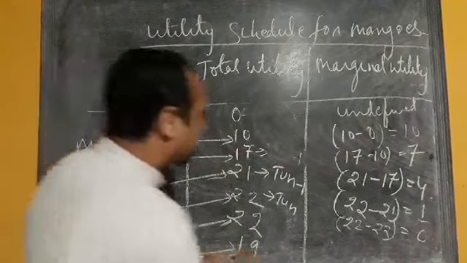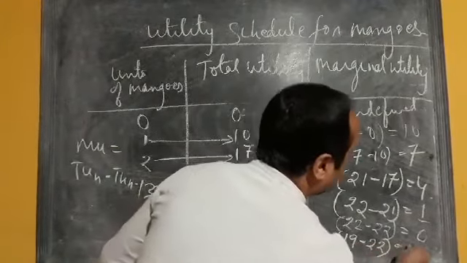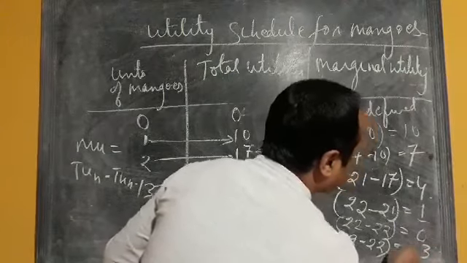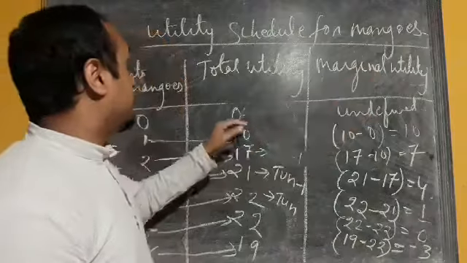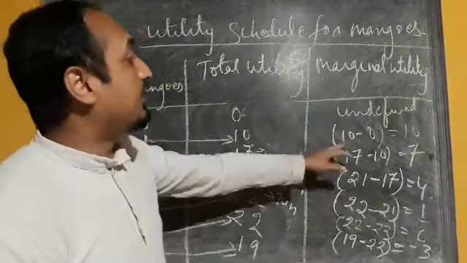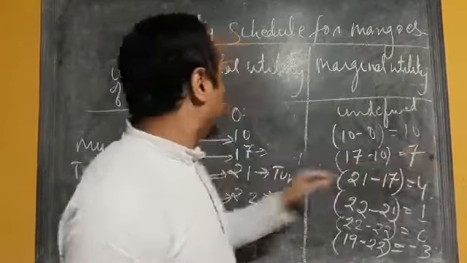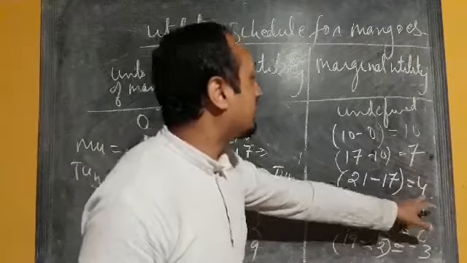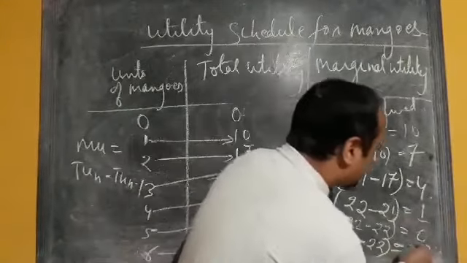And for the sixth one, we have 19 minus 22, we'll get minus 3. So what we can see is the marginal utility derived from each additional unit of commodity: in the first unit of mango we have 10, in the second unit 7, third unit 4, then 1, 0, then minus 3.